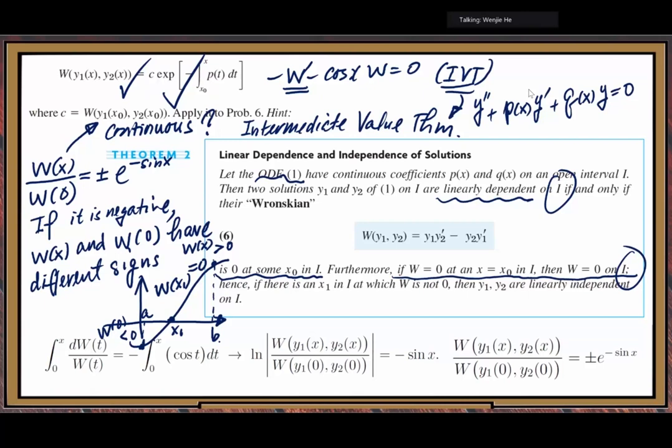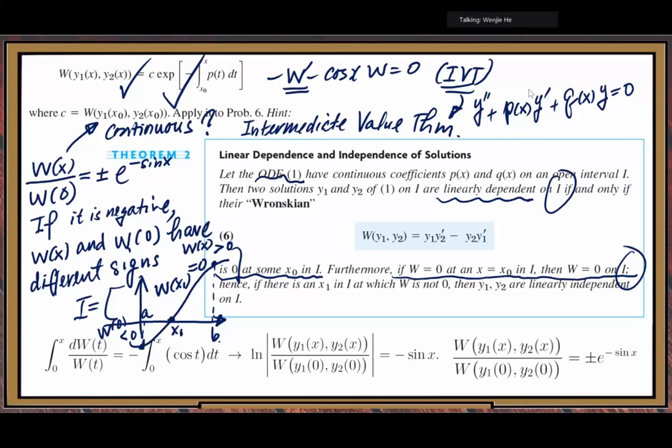Now we find x1, because this interval is our I interval, right? The I interval contains 0 and x, because we are working inside the I interval. When we talk about the W function, we work inside the I interval.